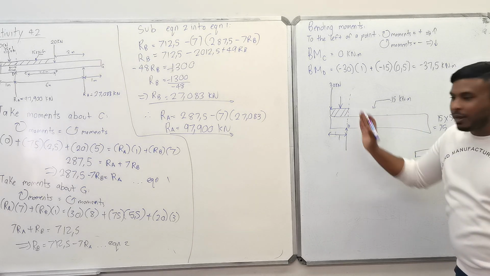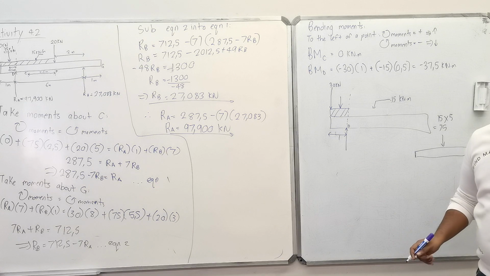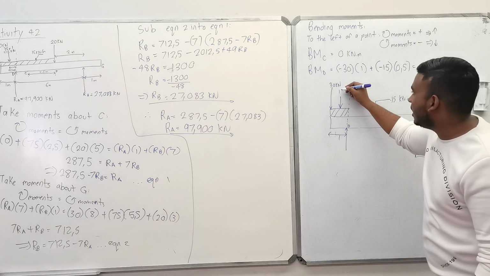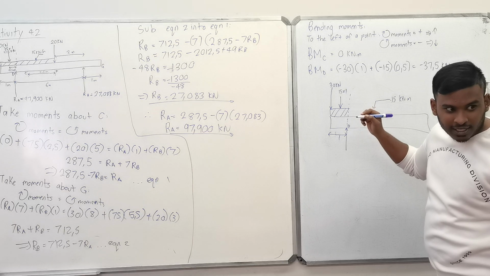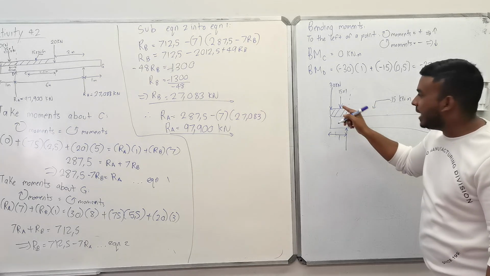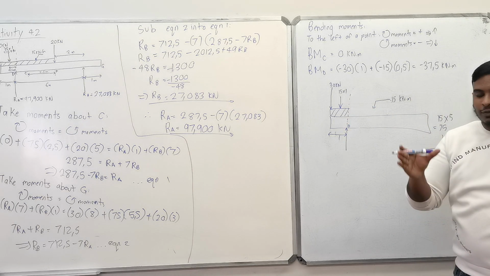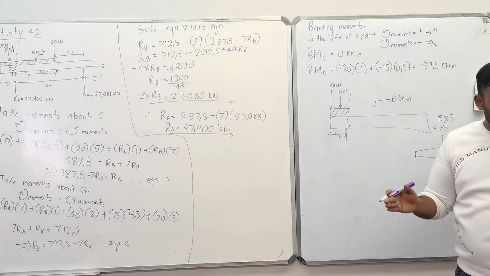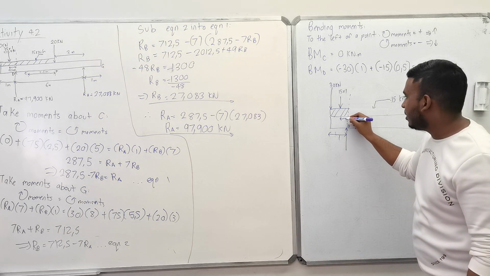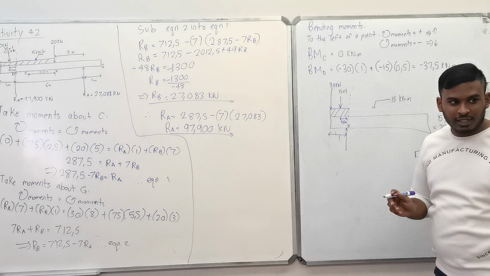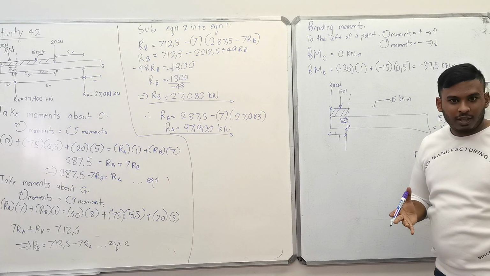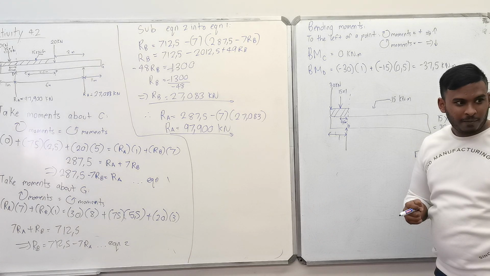Now if there's only 1 meter of it, to convert it into a concentrated load, you would say 15 times 1. You understand that? And its force would be at the middle of the distributed load, so the length of it would be 0.5 meters. Do you understand? Okay. Are you sure?